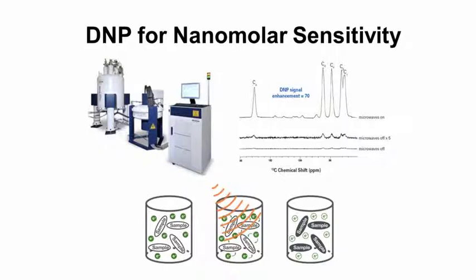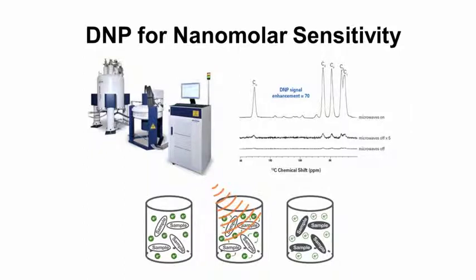Another approach for enhancing sensitivity, and again, this is something that I brought up earlier in the presentations on Tuesday, was the idea of using dynamic nuclear polarization. So with this technique, you can enhance signals by 100 or even up to 1,000-fold, depending on a combination of temperature and radicals that you're using and the degree of microwave radiation.